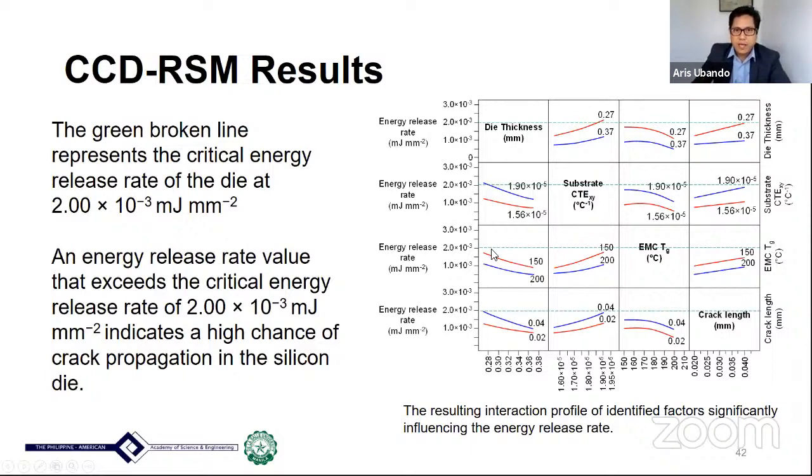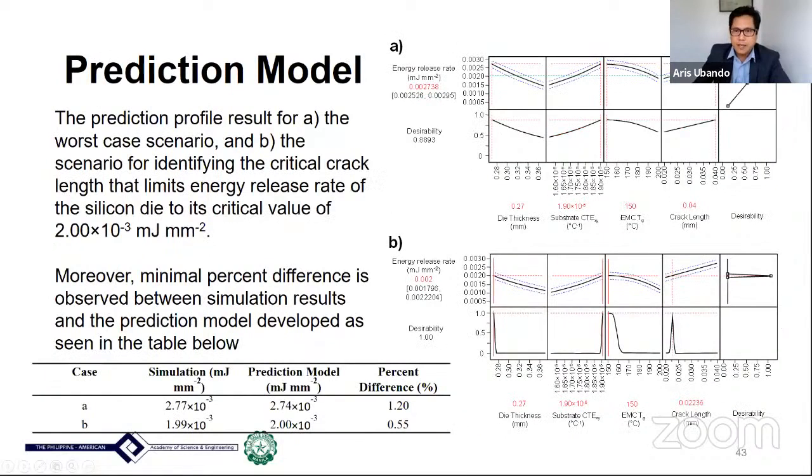Then we also applied a prediction model for this, wherein we have considered the worst case scenario, which is shown in letter A. What if we try to quantify the values for the four factors, and see how it would actually go. So we have quantified that.